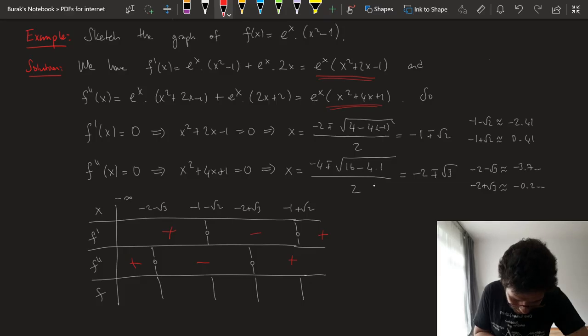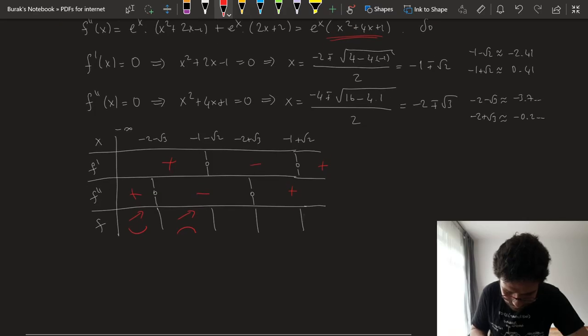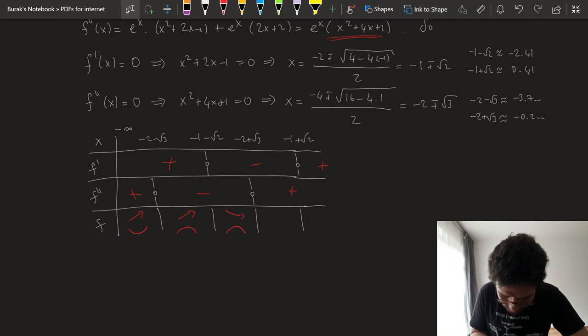So my function is increasing concave up, increasing concave down, decreasing concave down, decreasing concave up, and increasing concave up.